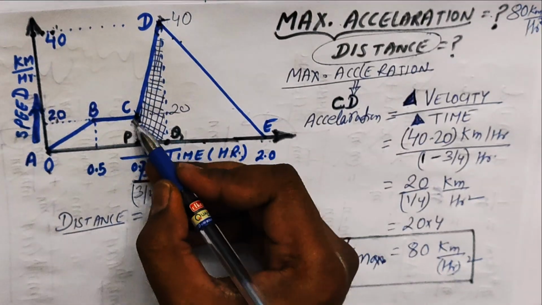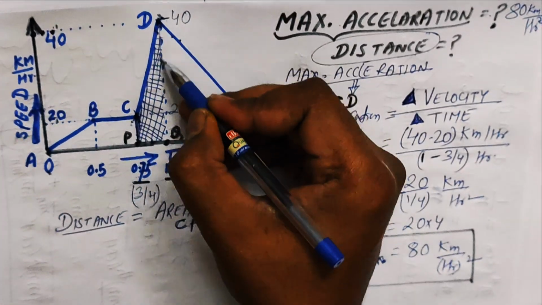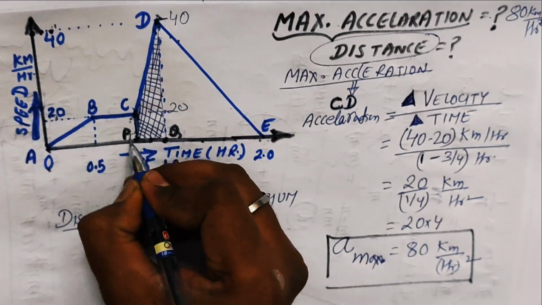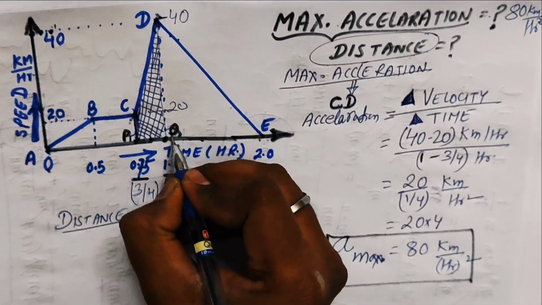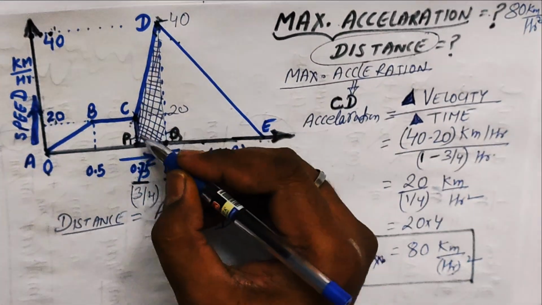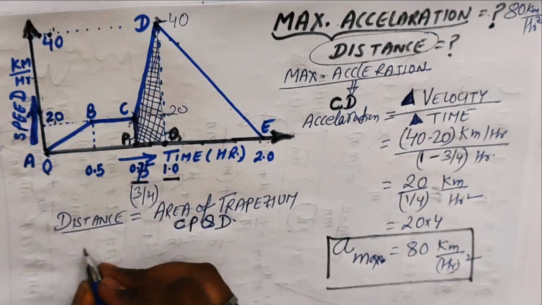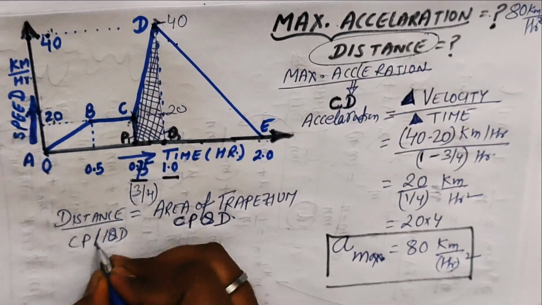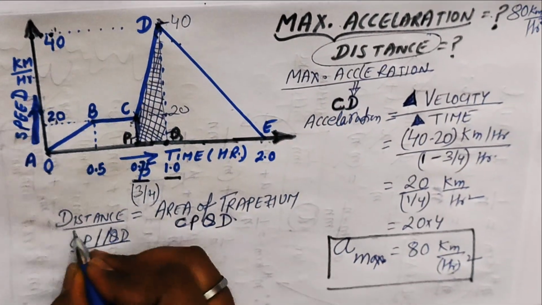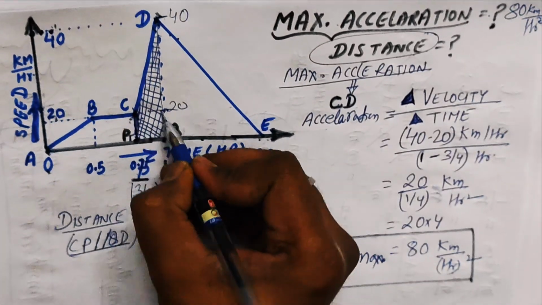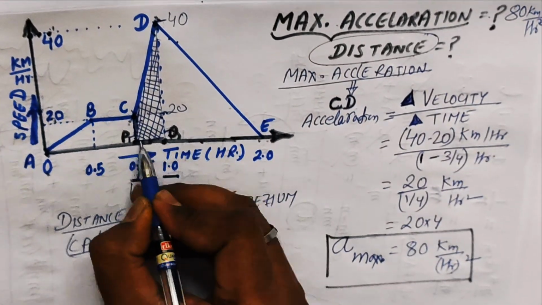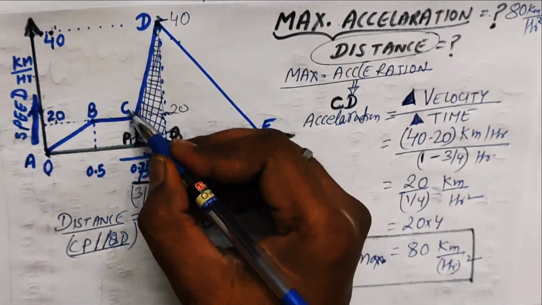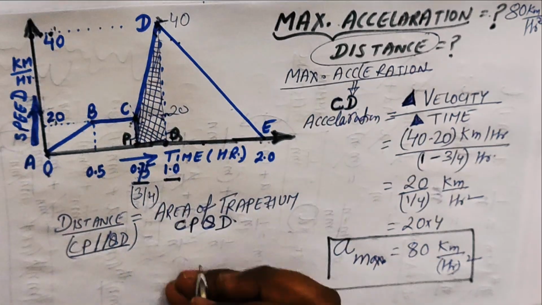Because CP and DQ are perpendicular to the axis, you can see, right? These are parallel lines. CP is parallel to QD, right? And if there is a pair of parallel lines, and this is the distance between them, then CPQD is a trapezium.